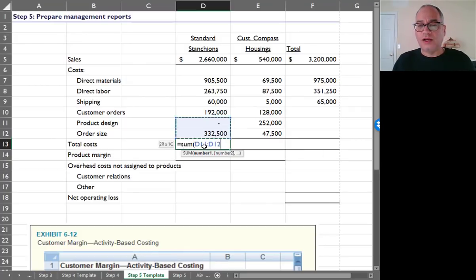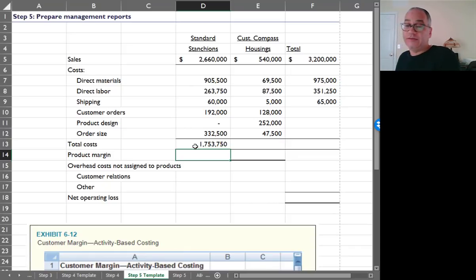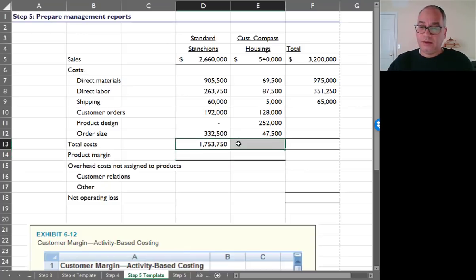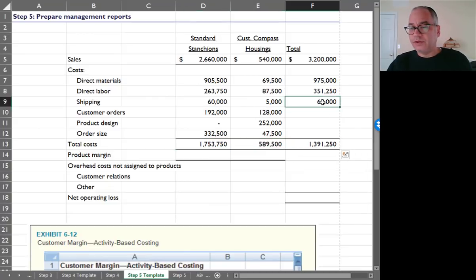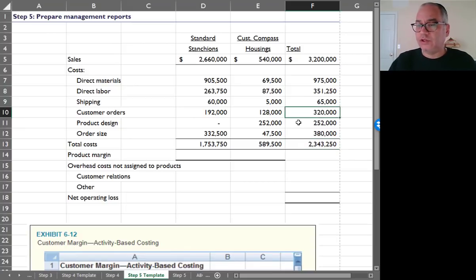So total cost of making standard stanchions, this would be materials, labor, and shipping, plus the three cost pools, would be $1,753,750. For Custom Compass, it's going to be $589,500, which adds up to $2,343,250. We're just looking at the totals here also.